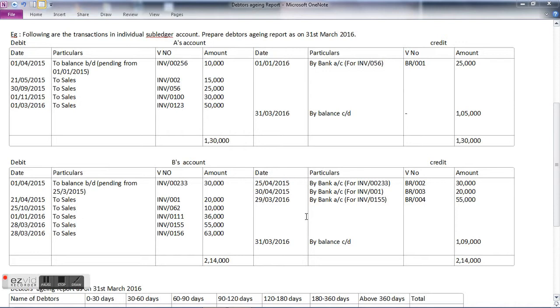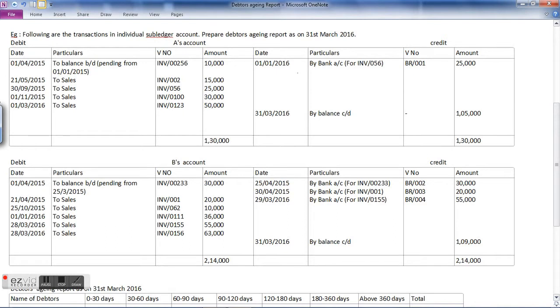Now first, A's account. If you see A's account, there is a balance brought down which is pending from 1/1/2015. Invoice number is 00256. Then on the debit side you have sales, 4 sales, and you have 4 invoice numbers.